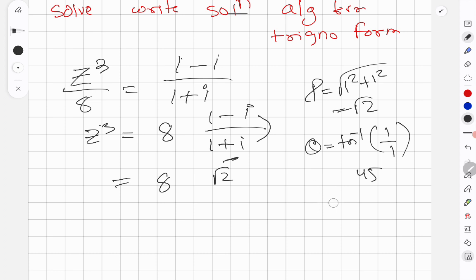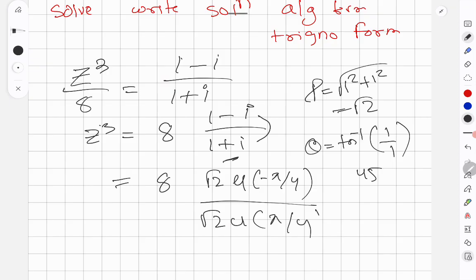So I can write root 2 e^{-iπ/4} and root 2 e^{iπ/4}, and this 8 I can write as 8 e^{0}.